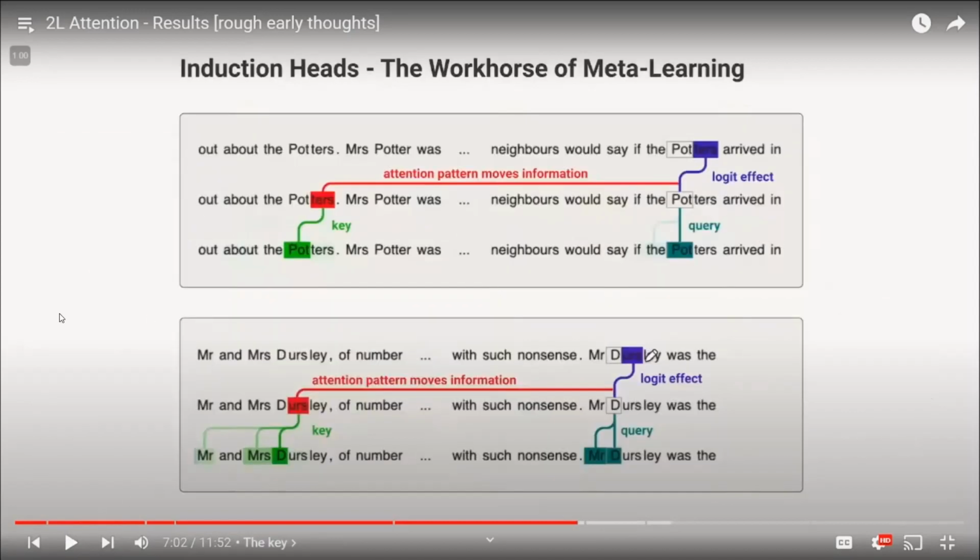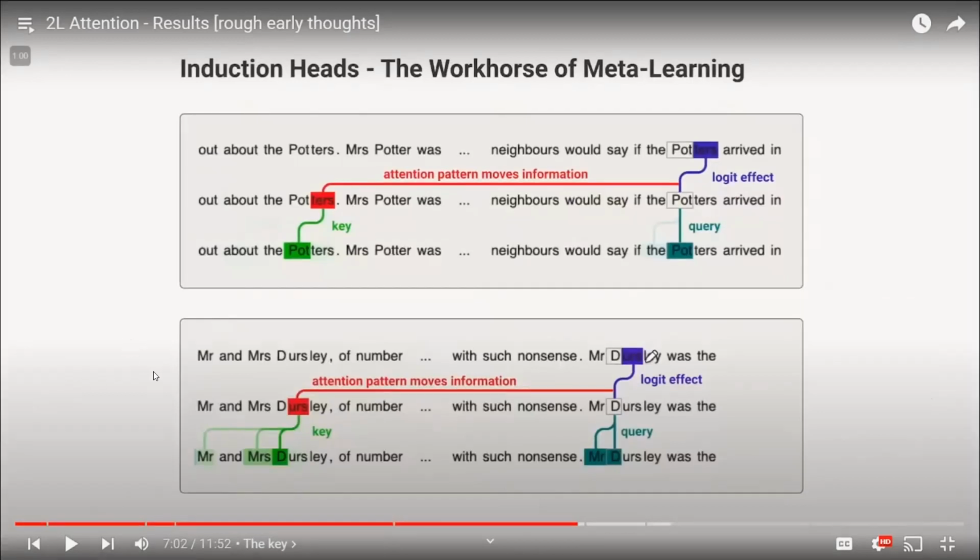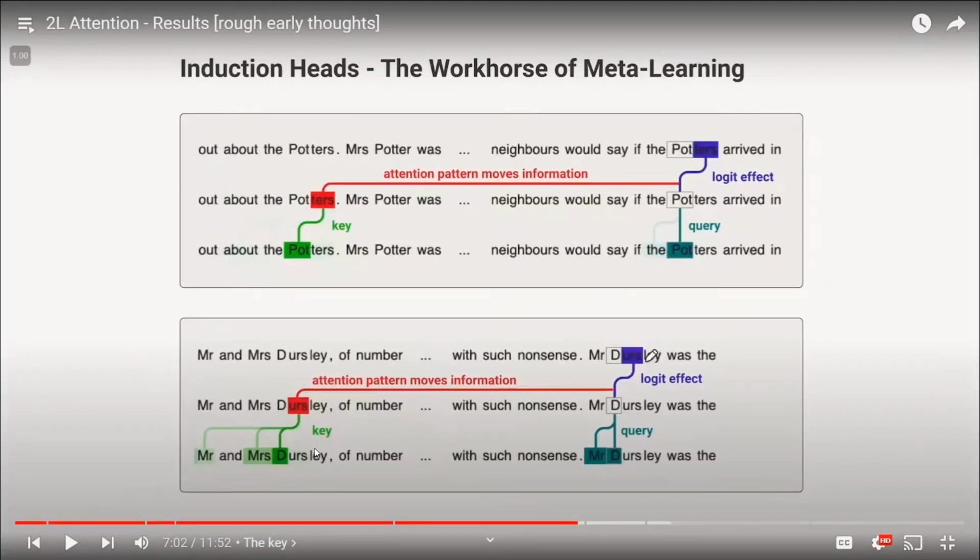All right, so I want to make sure you understand this diagram, because this is the beauty of the research that they've done. Remember, the residual stream has a lot of floating point numbers in it. I don't know what they used for this toy little model, but let's say it's 128 floating point numbers.